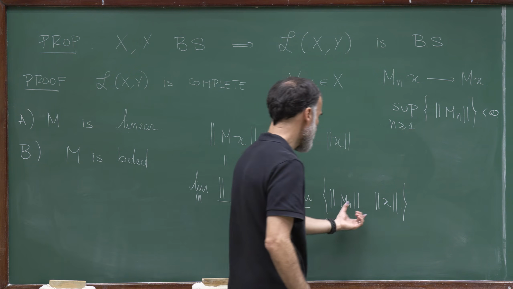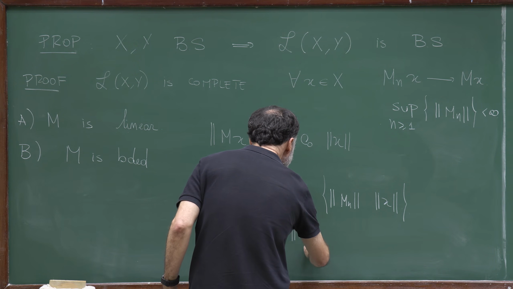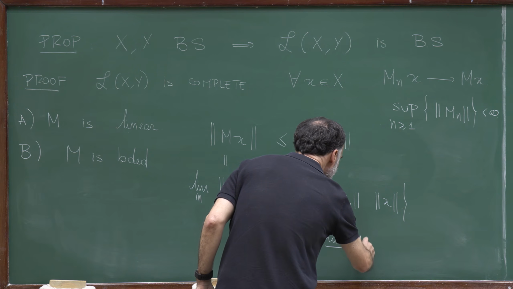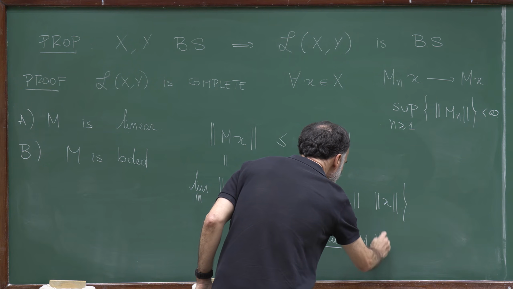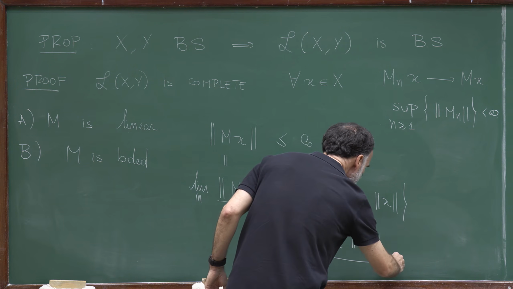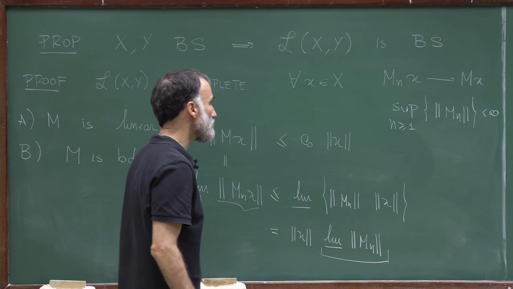Well, but x does not depend on n, so this is equal to the norm of x times the limit inf of the norm of Mn. And this limit inf is finite because we proved that the supremum of this norm is finite.